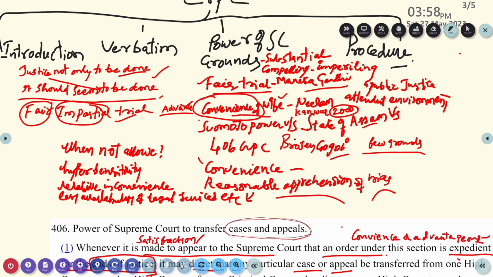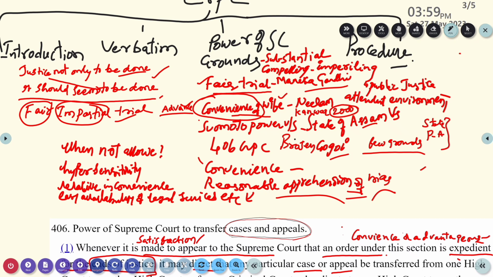If the state or prosecution agency is responsible for creating such a reasonable apprehension in the mind of the petitioner, then it can be transferred. So this is reasonable apprehension.